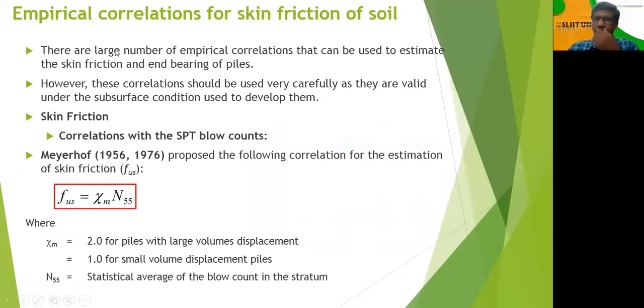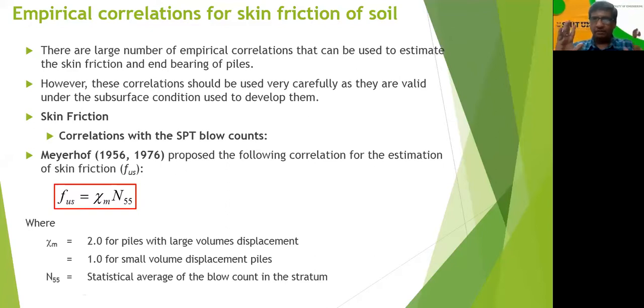So there are empirical correlations now. The most commonly used empirical correlation was developed by Meyerhof in 1956 and 1976. It says the ultimate skin friction is a factor times N55. N55 is the statistical average of the SPT blow count in that particular strata, right? This factor is 2 for large volume displacement piles. Take my words, large volume displacement piles are driven piles, right?